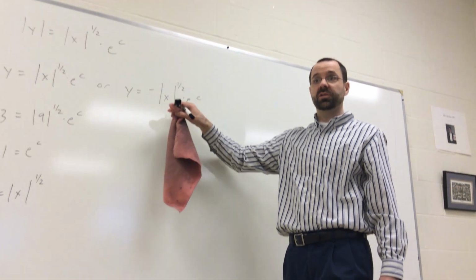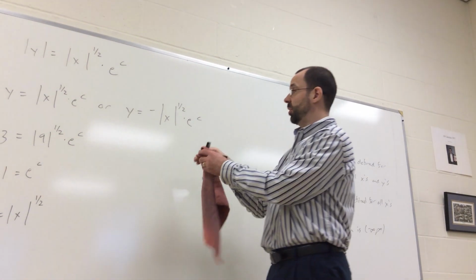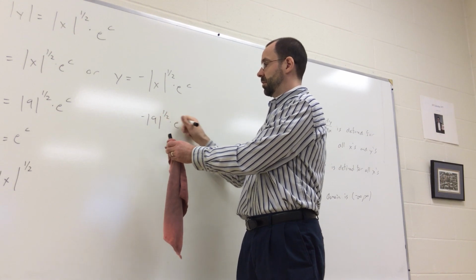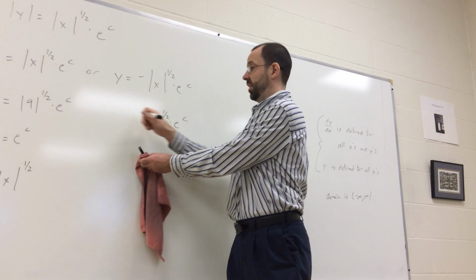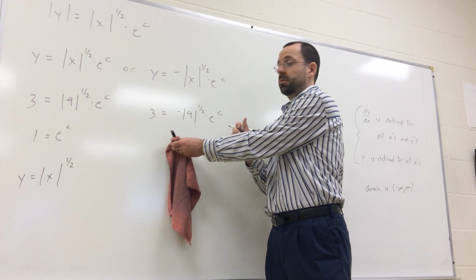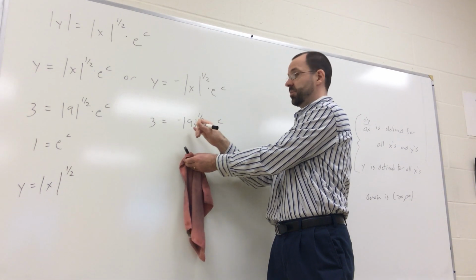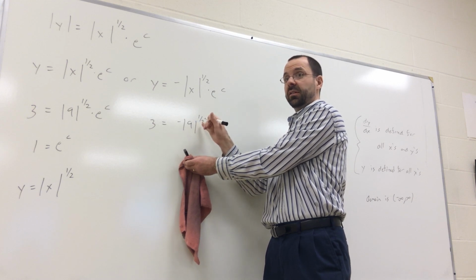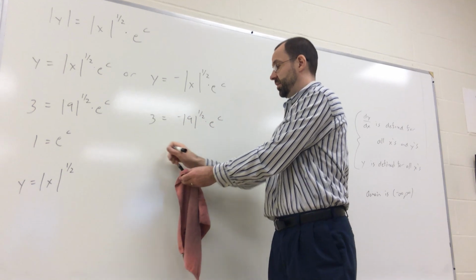Let's see what works with this solution. So when I put a 9 in, I'm supposed to get a 3 out. Absolute value of 9 is 9. 9 to the 1/2 is 3. Times negative 1 is negative 3.